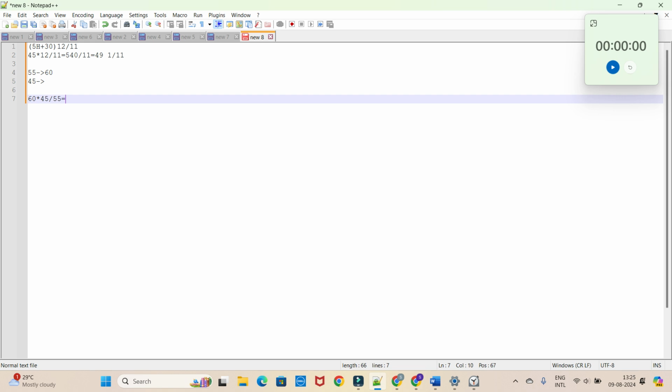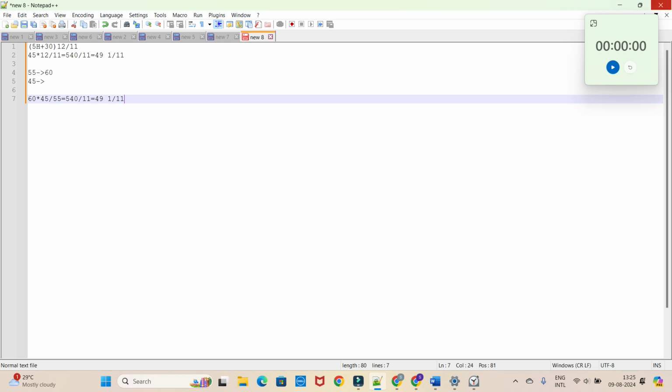That is 540 by 11 as well. 5 9s are 45, 60 into 9 is 540. 540 by 11 is equal to 49 1/11 minutes past 3.